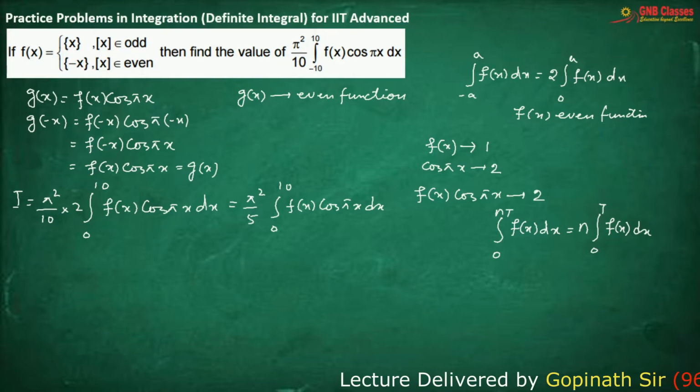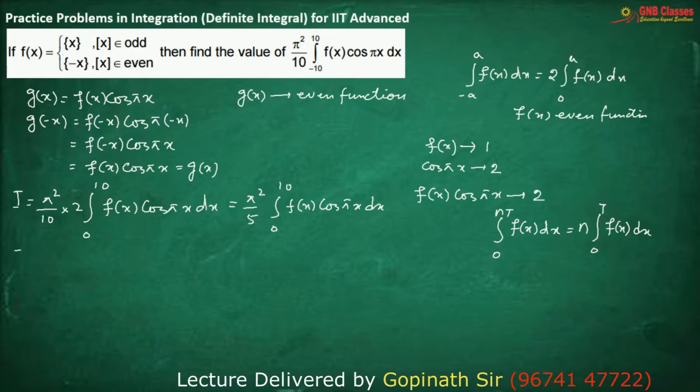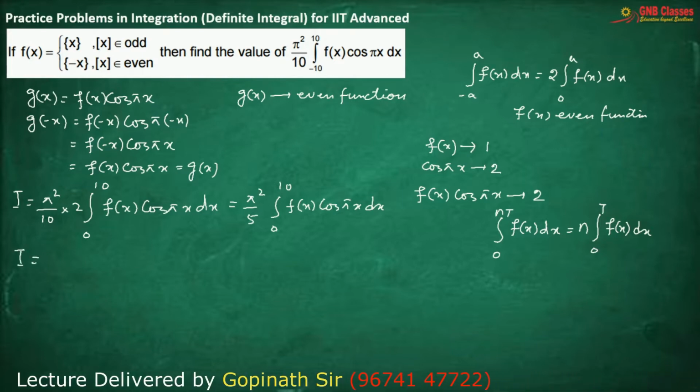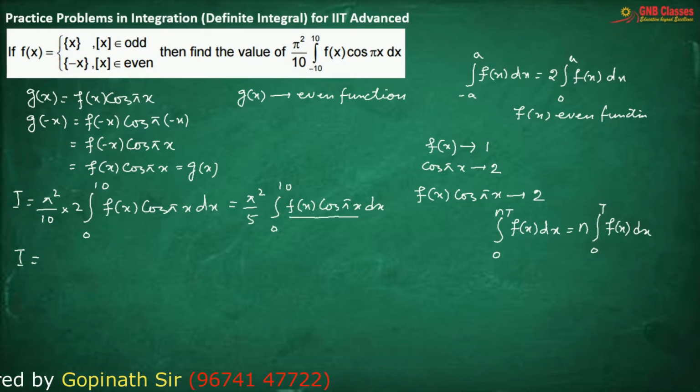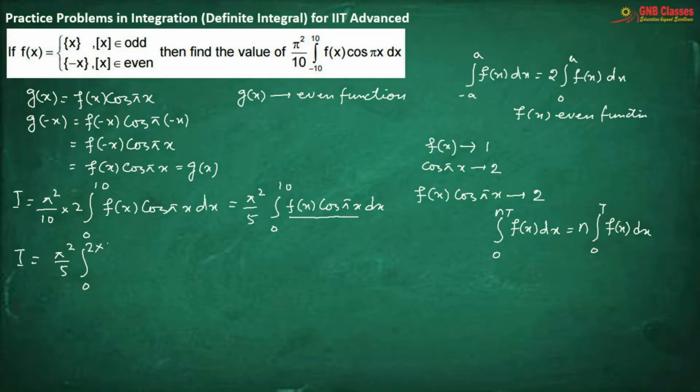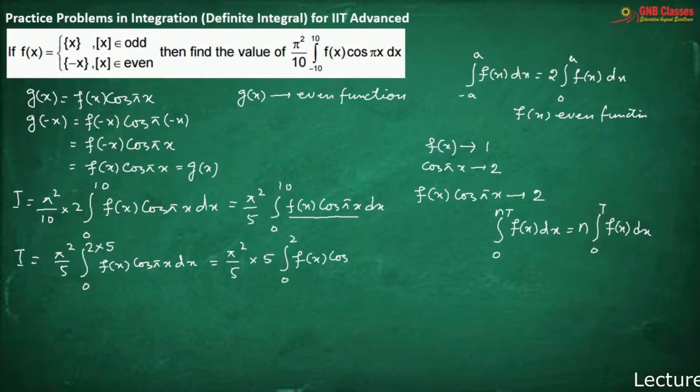Now in this case, since f(x) cos(pi x) has period 2, we can write this as pi square by 5 times the integral from 0 to 2 times 5 of f(x) cos(pi x) dx. Now we can write this as pi square by 5 into 5 times the integral from 0 to 2 of f(x) cos(pi x) dx.